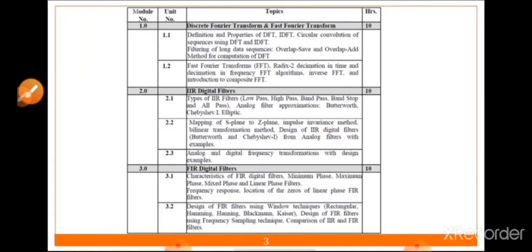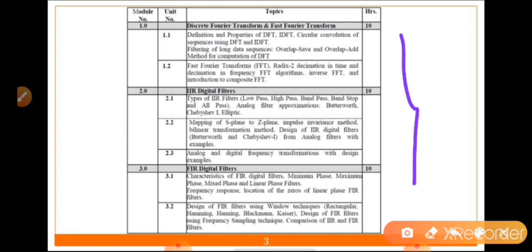Next. From the syllabus point of view, there are 6 modules as far as DTSP is concerned. A very important module is the discrete Fourier transform, DFT, and FFT. From the exam point of view, these 3 modules matter.